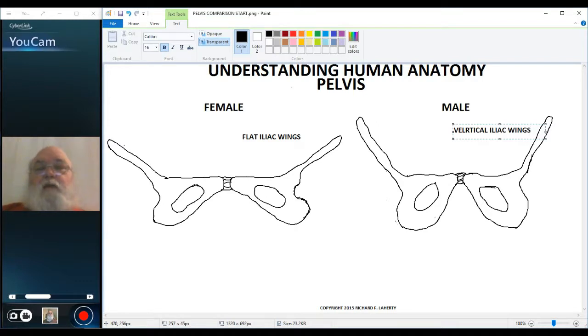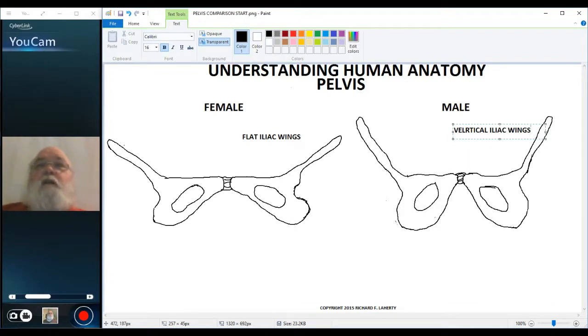The female wings, by being flatter, make it easier to support the pregnancy, support the uterus carrying the fetus, so that some of that weight is actually borne by the iliac wings.